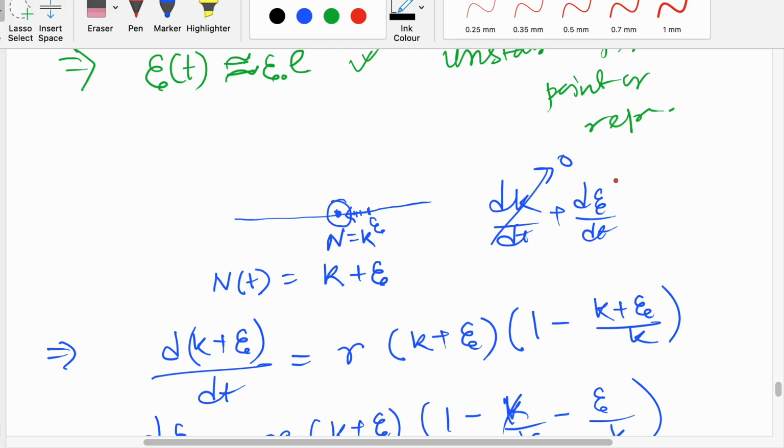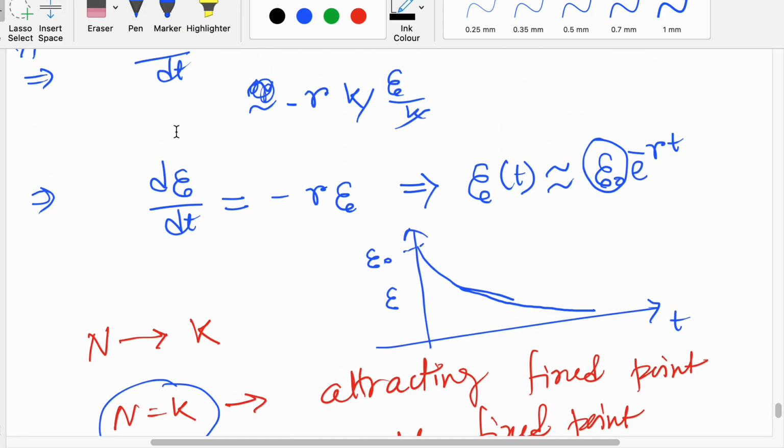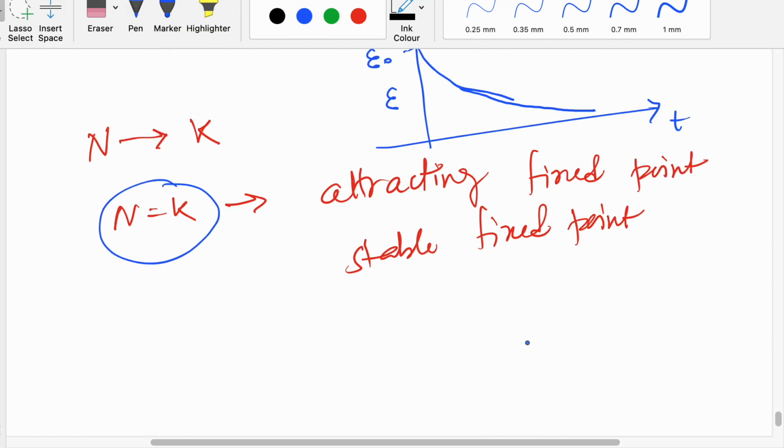So it will move away from extinction, and it will always go towards N equal to K. That's how we can say the future state of the population will be N equal to K, and theoretically it will reach N equal to K at infinite time; it requires infinite time.